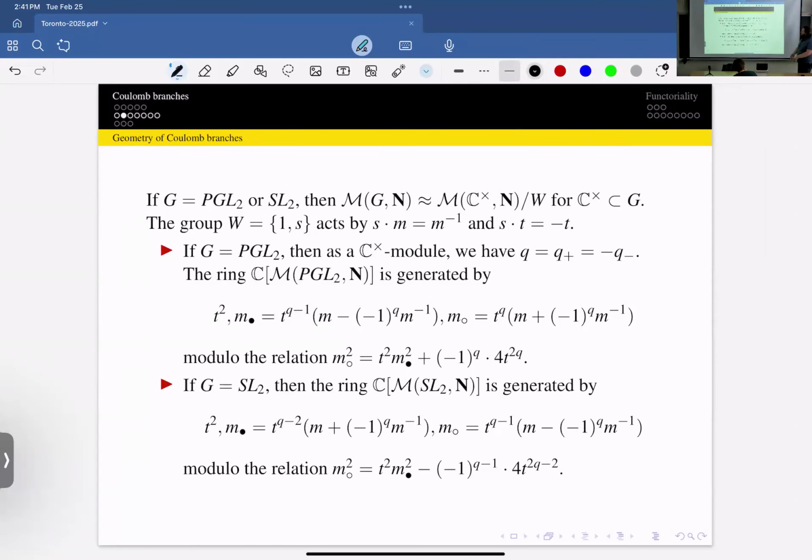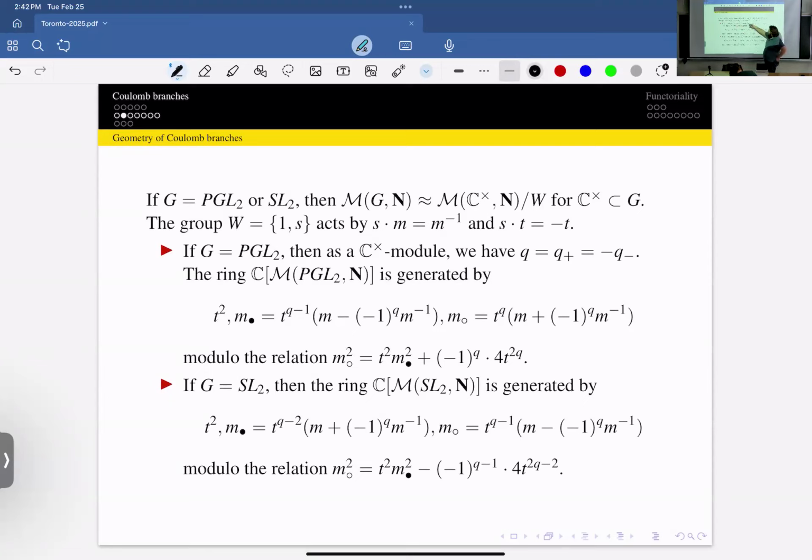Let's generalize a little bit. That was a commutative case. What about a non-commutative case? What if I take PGL2 or SL2? Roughly, I should get the same thing as if I had taken C star and then modded it out by the action of W. W is my Weyl group. If I'm in PGL2 or SL2, it's a two-element group.